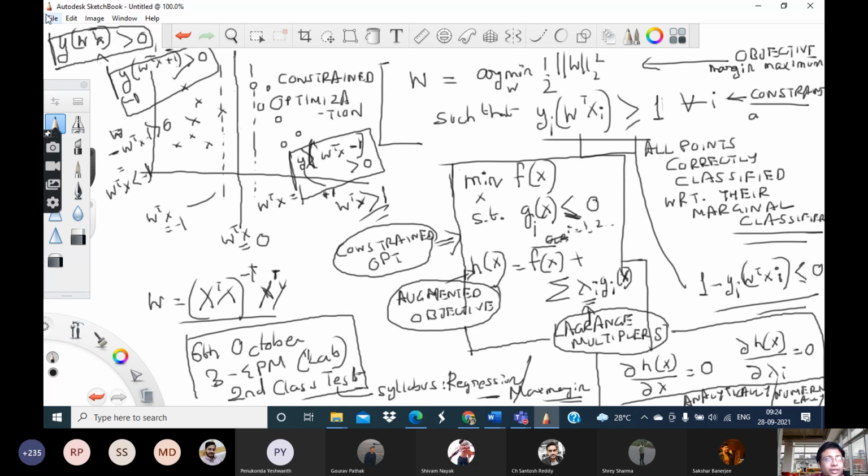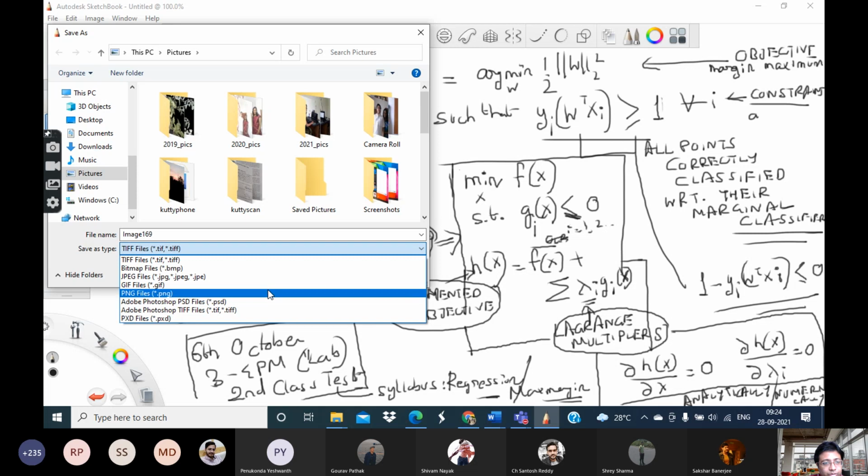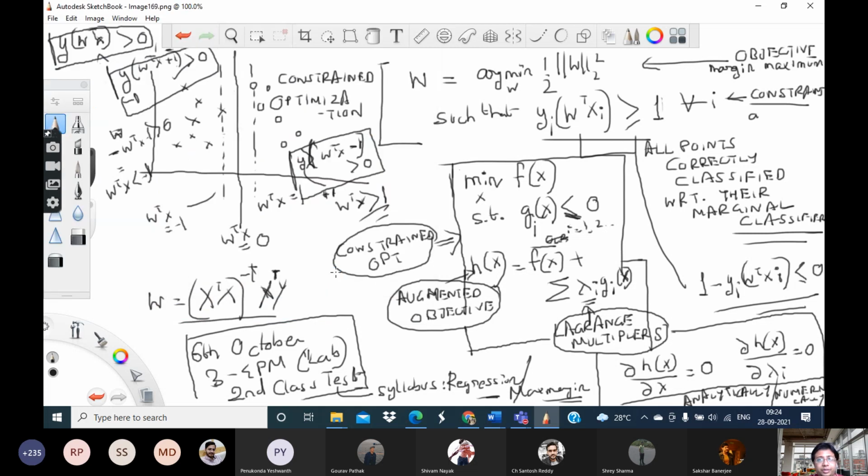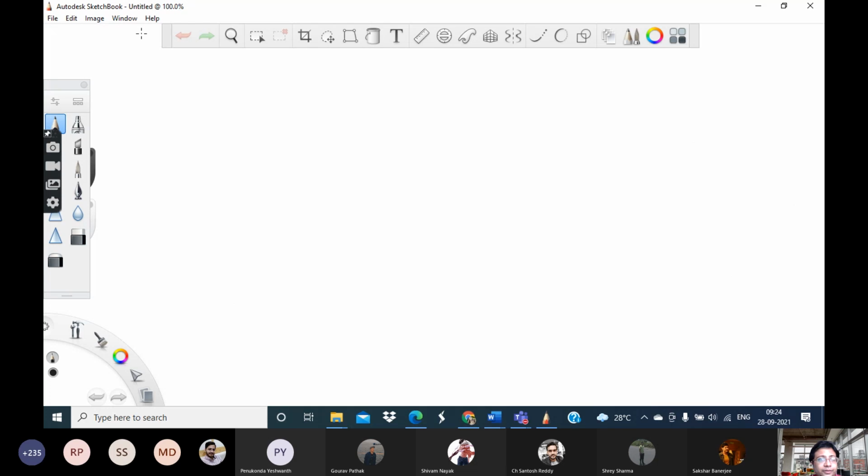So now let us see what happens when we apply the concept of constraint optimization to this particular problem. Hello, sir. Would you please repeat how we get the g of x? The g(x) are basically the constraints that are given to you.